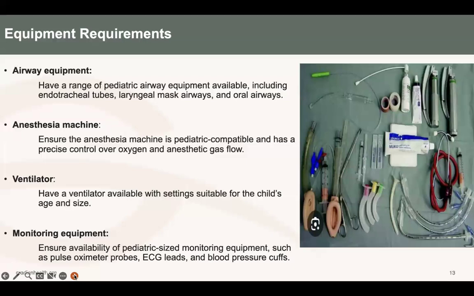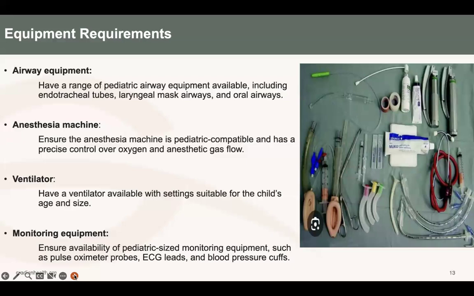I make sure I have everything. It's very important that you have all the instruments available within the theater. Don't give drugs to a patient and then start moving around looking for a good sized tube.